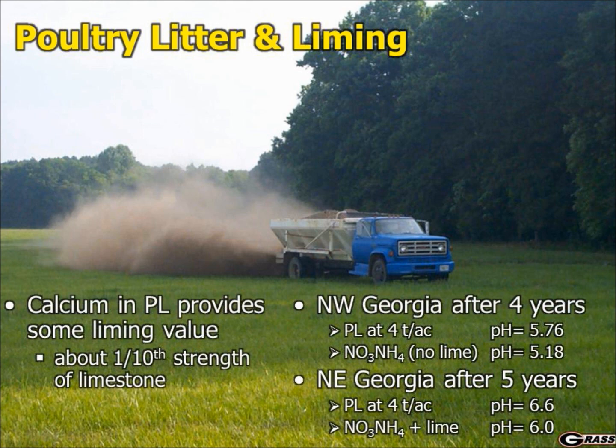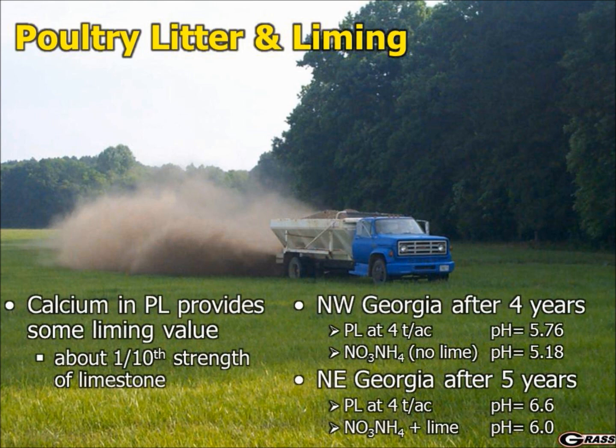You saw an increase of 0.6 pH points over where they just applied ammonium nitrate. Whereas in northeast Georgia, in the same situation, after 5 years of 4 tons to the acre, they saw it increase again by 0.6 pH points. In this case, it was held steady at 6.6.